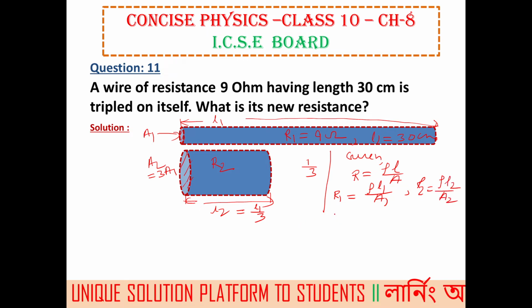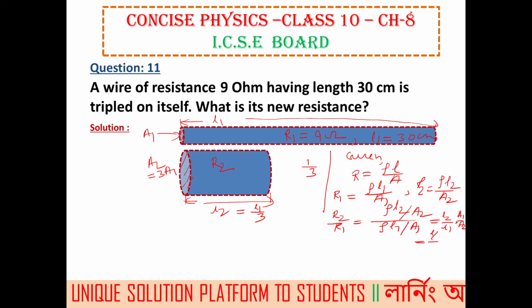So dividing R2 by R1, we get rho L2 by A2 over rho L1 by A1. So finally on simplification we get L2 by L1 into A1 by A2.